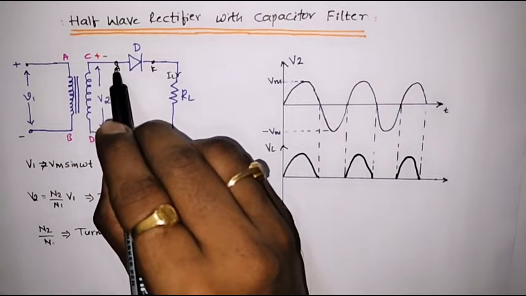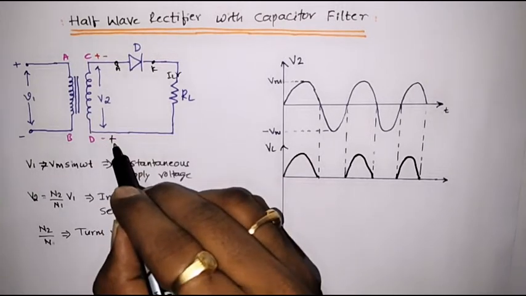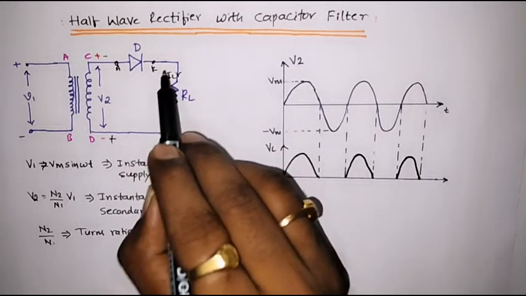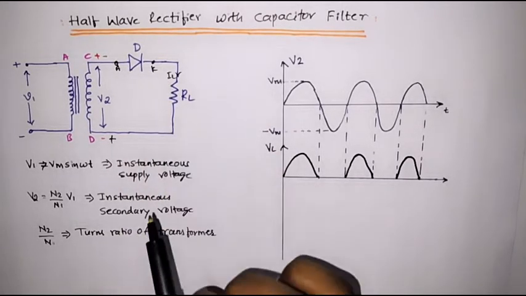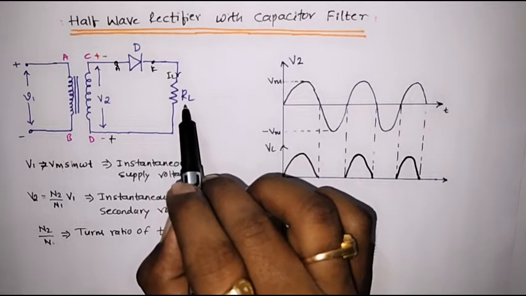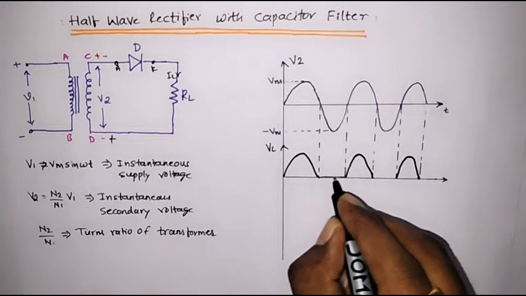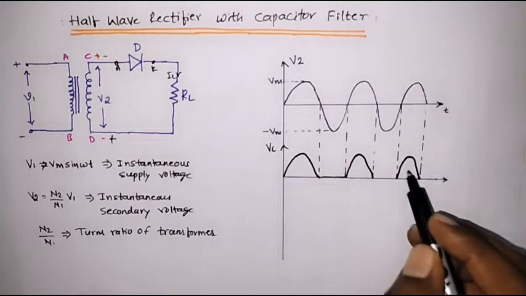Now the anode is connected to negative and the cathode to positive, so the diode is reverse biased and open, and no current will flow into the load resistor. So the voltage across RL is 0, as shown here, and this process will continue.